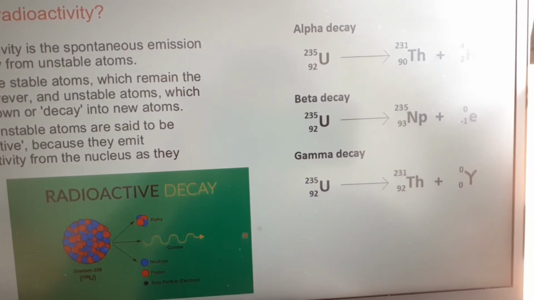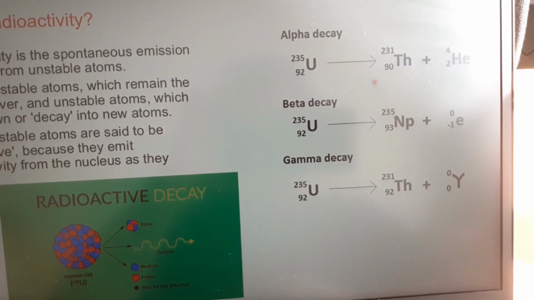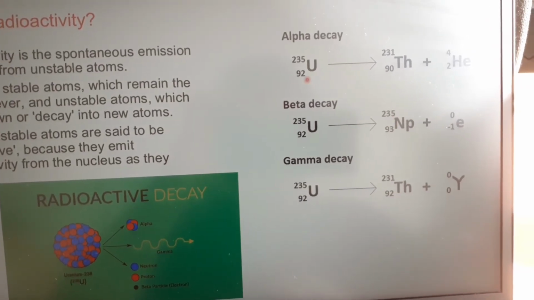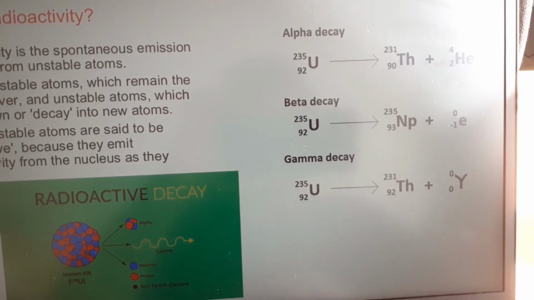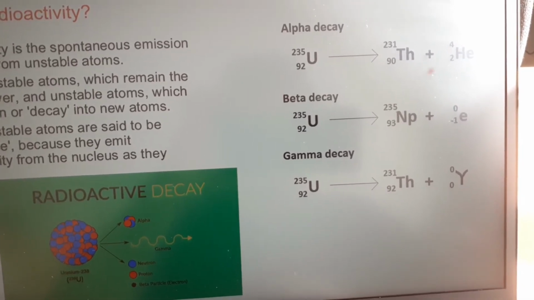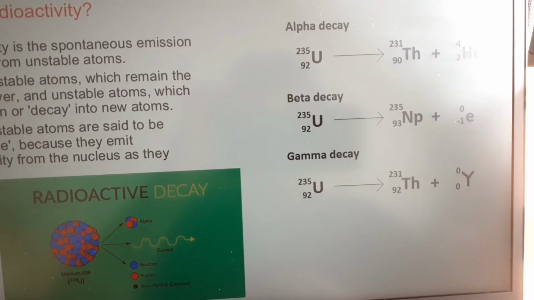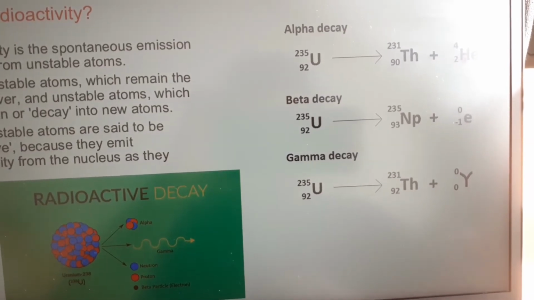So what is alpha decay? Alpha decay happens in radioactive uranium-235, and it gives thorium and also emits alpha particles. Alpha particles are nothing but helium.